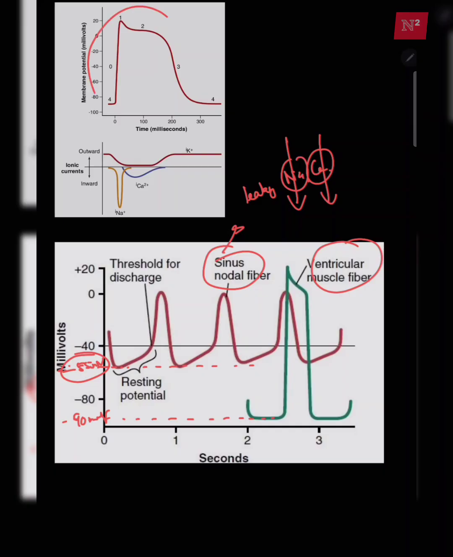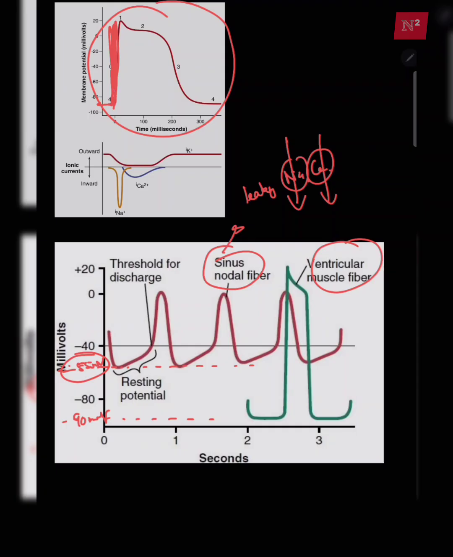Now remember, from this curve I told you that as soon as the fibers are stimulated, it opens the fast sodium channels. Because of that, we get this upward slope.